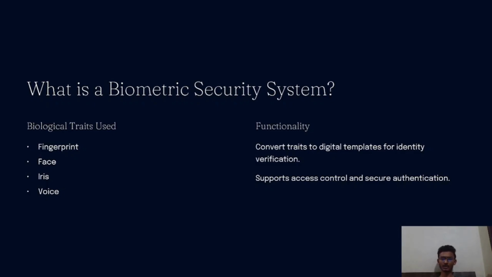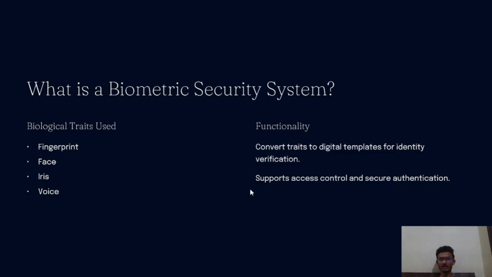Else, it is not able to give the exam. And one more is voice. All people have different types of voices, and you can also use voice as a biometric security system.